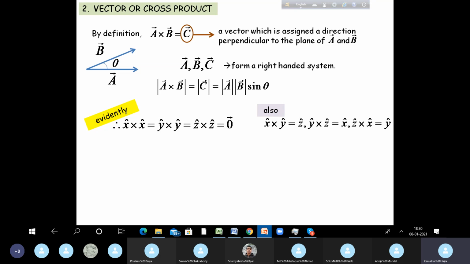Also, x cross y will give you z, y cross z will give you x, and z cross x will give you y. And just as I told you, they form a right-handed system. Therefore, y cross x will give you minus z, z cross y will give you minus x, and x cross z will give you minus y.